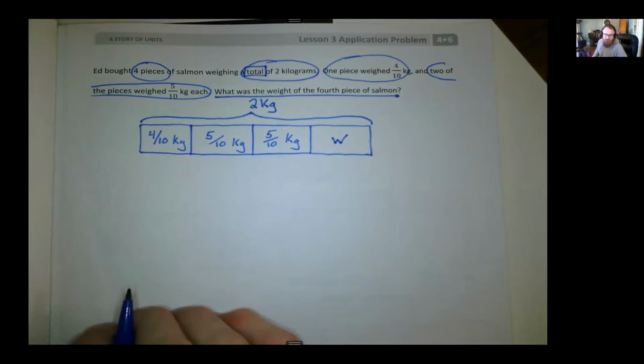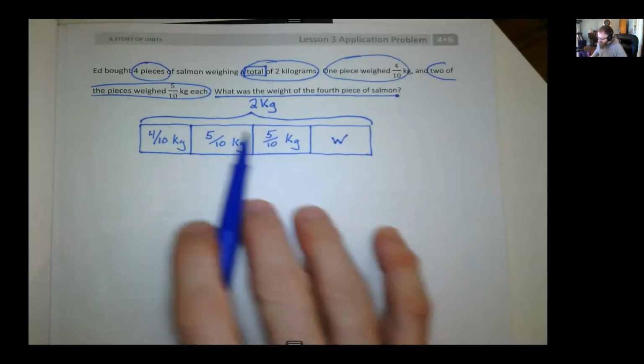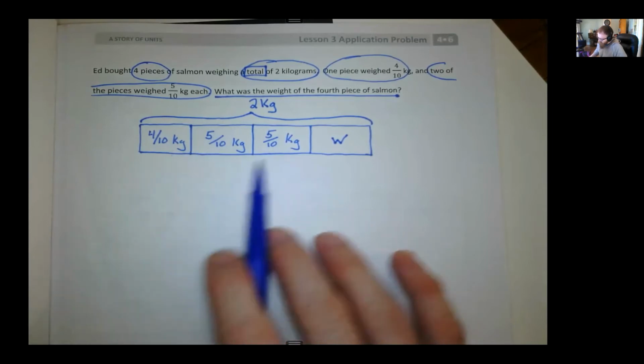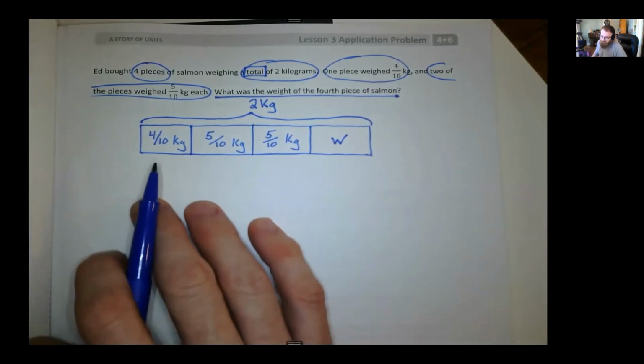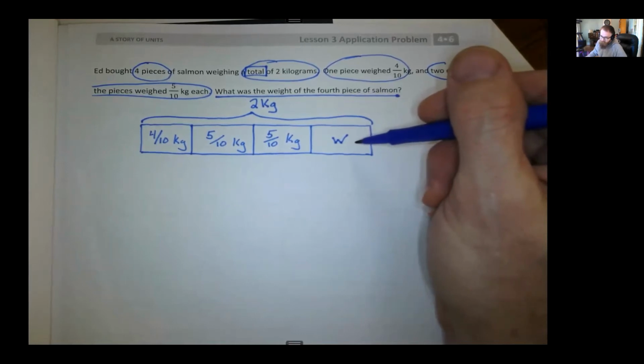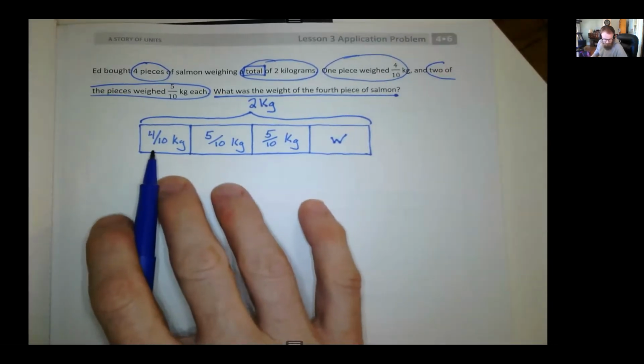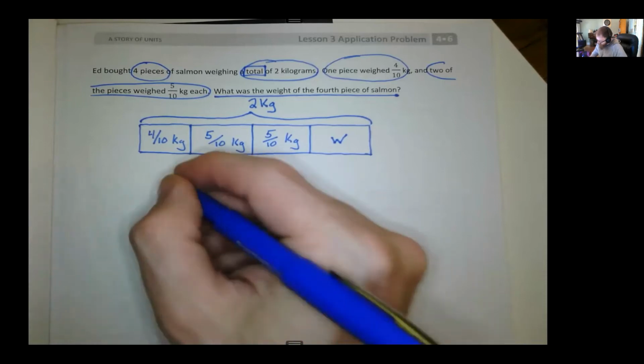There are a few steps we need to complete to solve this problem. We need to find the difference between our total weight, 2 kilograms, and the combined weight of the 3 pieces we already have. And that will tell us what's left over, the weight of our 4th piece of salmon, W. So let's start by adding together 4/10 plus 5/10 plus 5/10.